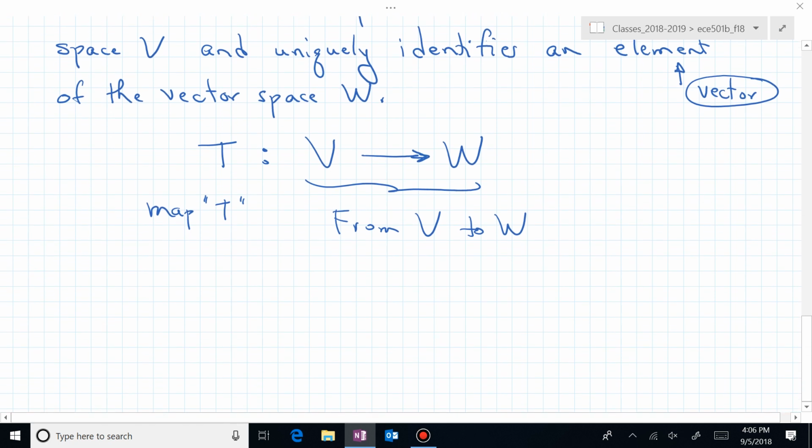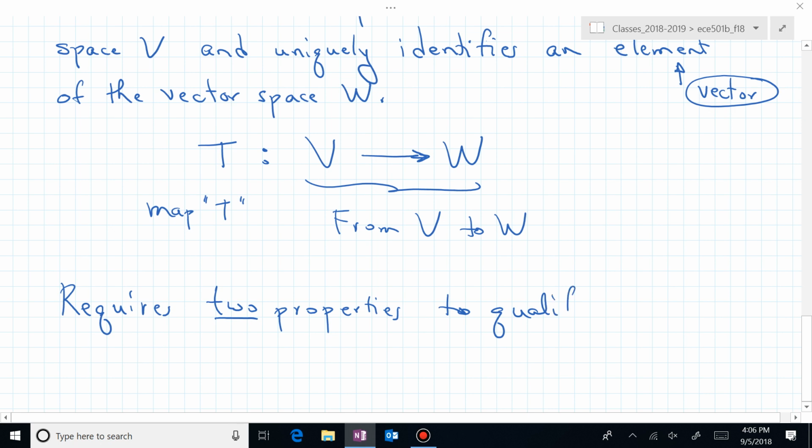But if we do have this linear map, it actually requires two properties in order for it to qualify as a linear map.